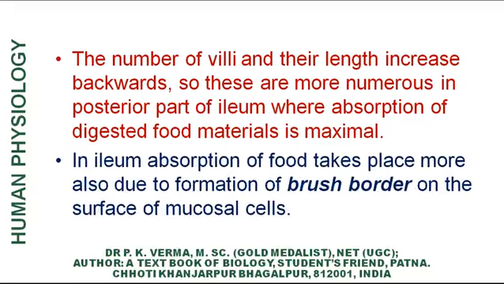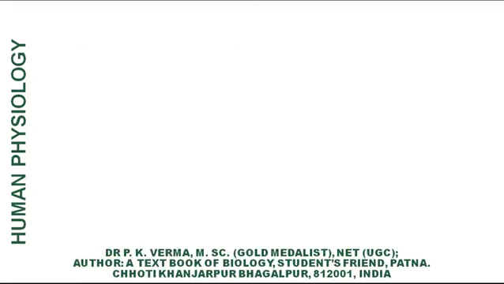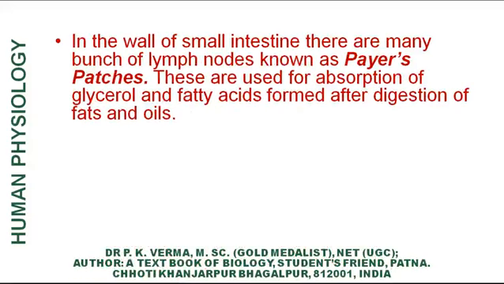In the ileum, absorption of food takes place more also due to formation of a brush border on the surface of mucosal cells. The brush borders are made of microvilli. In the wall of the small intestine, there are many bunches of lymph nodes known as Peyer's patches.